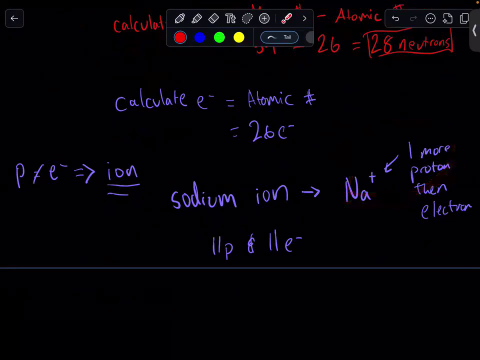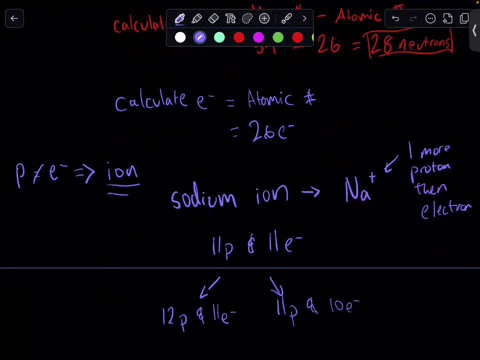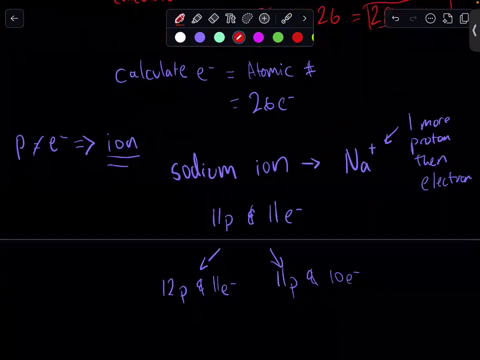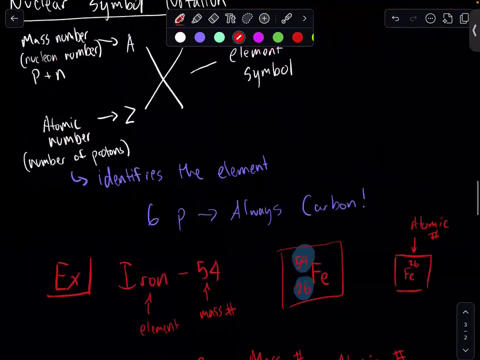There are two ways to have one more proton. We could possibly say that we have 12 protons and 11 electrons, or we could have 11 protons and 10 electrons. Now, you have to figure out which one is correct. Well, we have to go back up to what we said before.